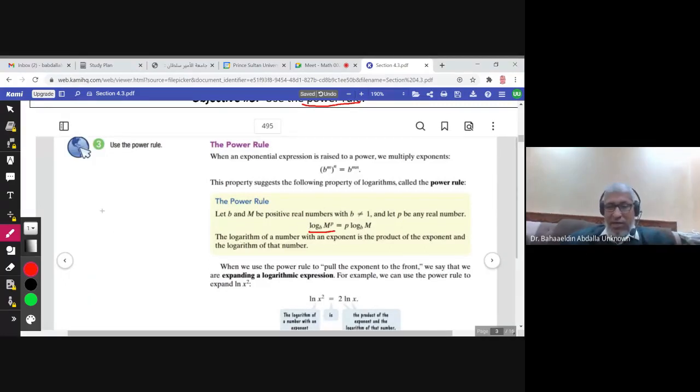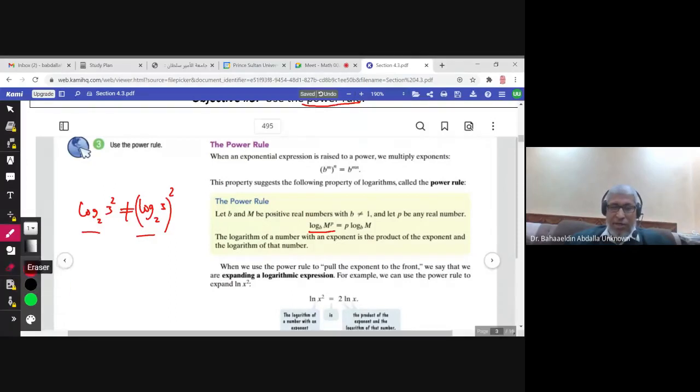This is not, for example, log 3 to the base 2, all to the power 2. This is not equal to log of 3 squared to the base 2. There is a big difference between this one and this one. Here 2 is a power of 3 only. Here 2 is a power of all the log.